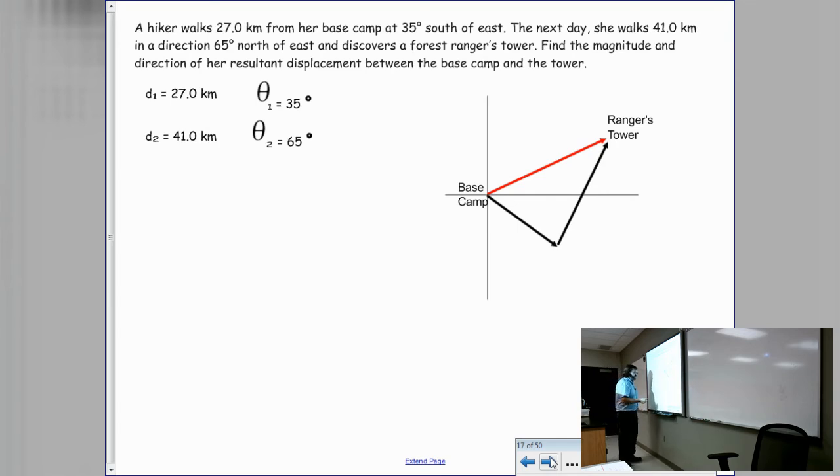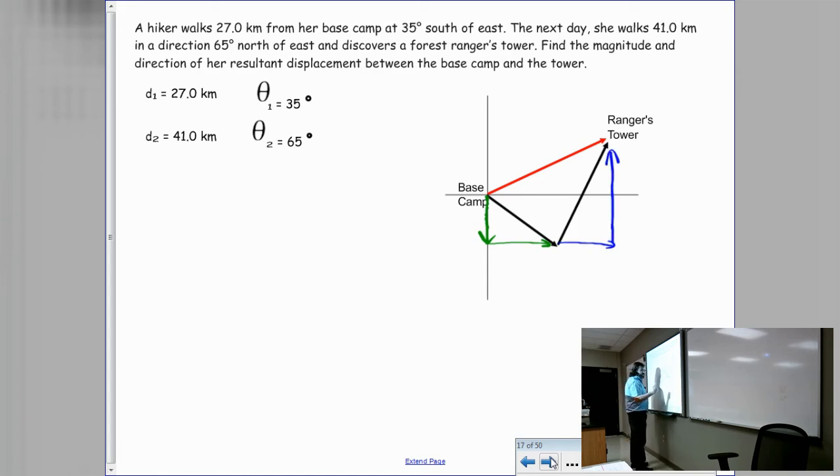What we have to do is resolve each individual vector into its x and y components. So you can draw this in a variety of ways, but the way I'm going to draw it is I'm going to make a triangle in green for the first vector. It goes south, then it goes east. And then for the second day's motion, I'm going to continue again. I'm going to draw this triangle. It goes east some more and then north.